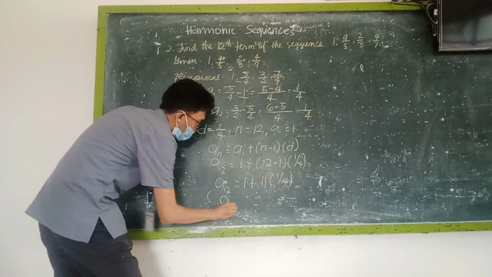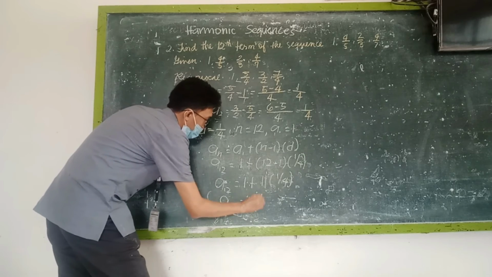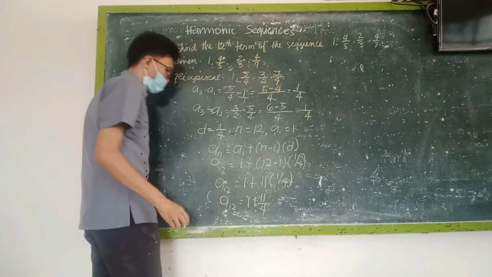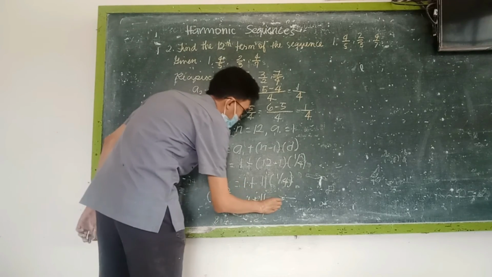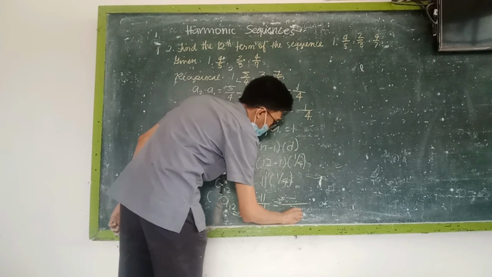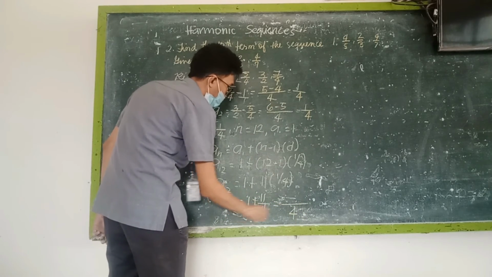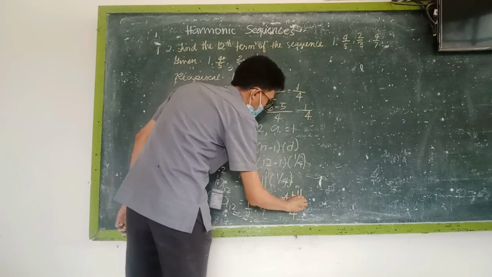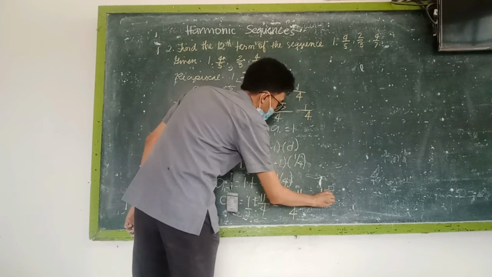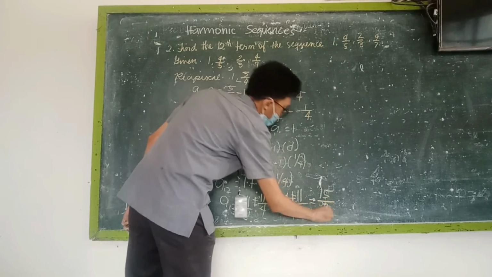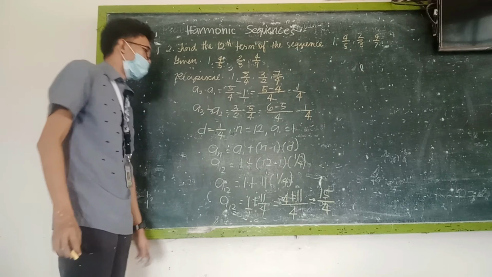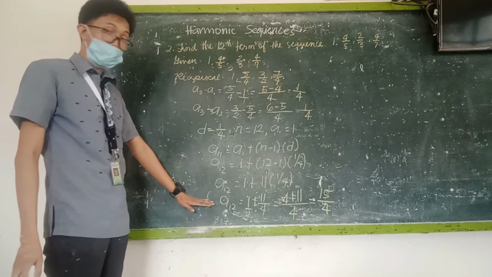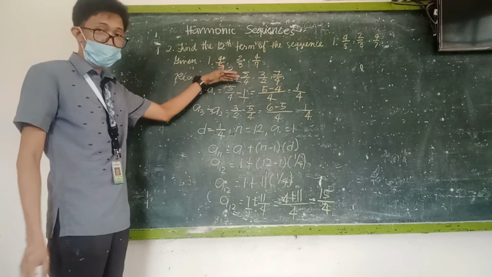So a sub 12 is equal to 1 plus 11 over 4. And this is equal to, so over 1, 4 divided by 1 is 4 times 1 is 4 plus 11. So 4 plus 11 is equal to 15 over 4. 15 over 4 ang 12th term ng arithmetic sequence natin.